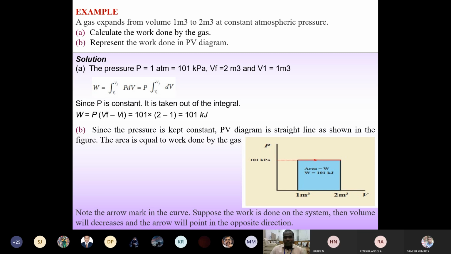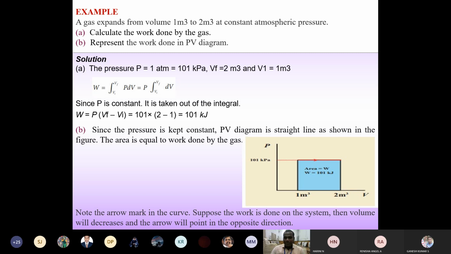Then move to the second question. Represent the work done in a PV diagram. Since the pressure is kept constant, the PV diagram is a straight line as shown in the figure. So we can imagine the PV diagram, with pressure P on the y-axis. Here P is constant, so there will be a straight horizontal line in the PV diagram.